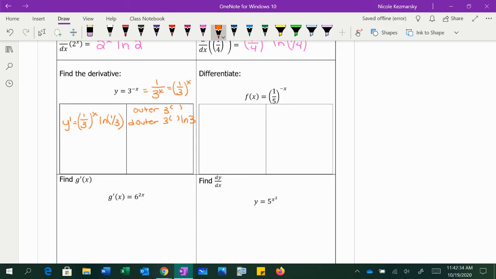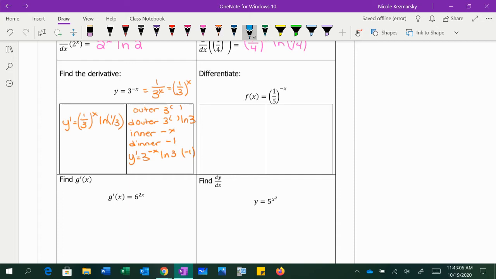And I could say that the inner is negative x, and the derivative of the inner is -1. And so therefore, my y prime would be 3 to the negative x natural log of 3 times -1. So it just depends on how you see it.